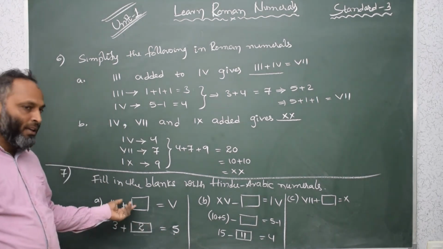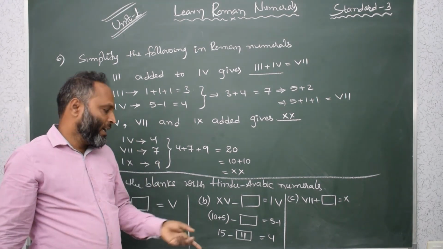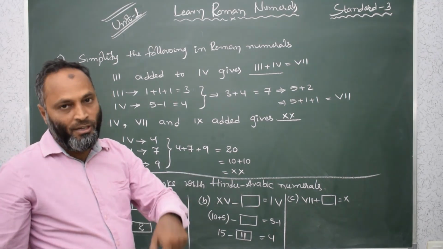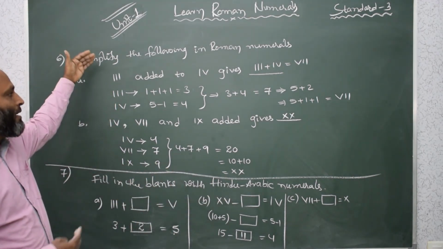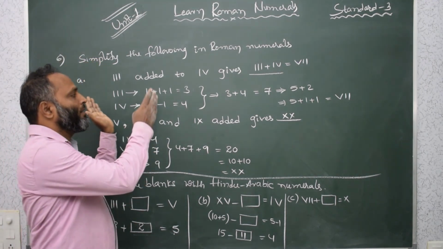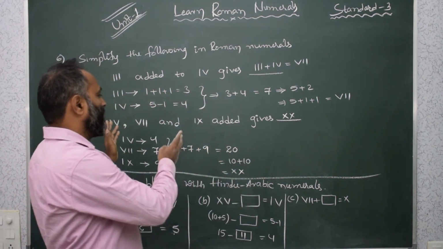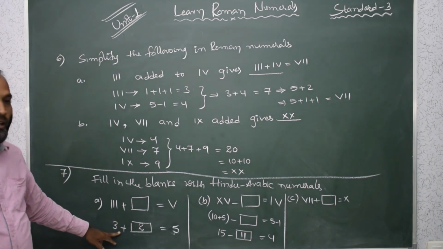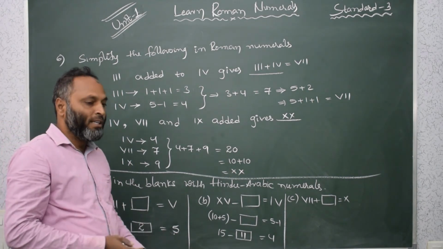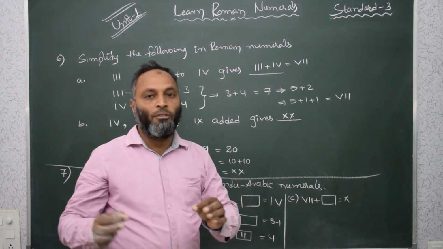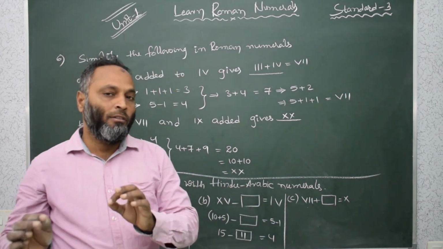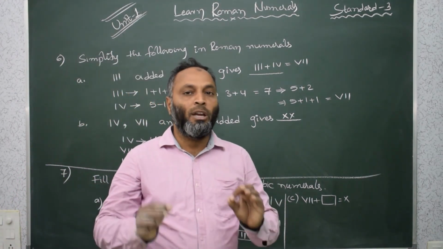According to the sign: if addition is there, then add; if subtraction is there, then subtract and get the answer. So this is the procedure. Then simplification: what to add to give this, and the same way for the others. If he asks for Hindu-Arabic numerals, we have to write Hindu-Arabic numerals only. If he asks for Roman numerals, you have to write Roman numerals.